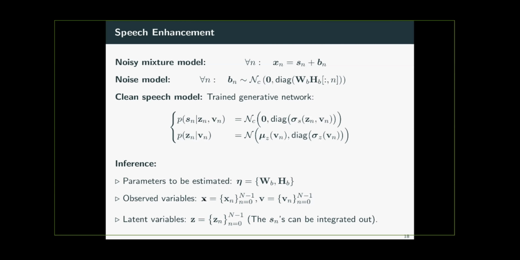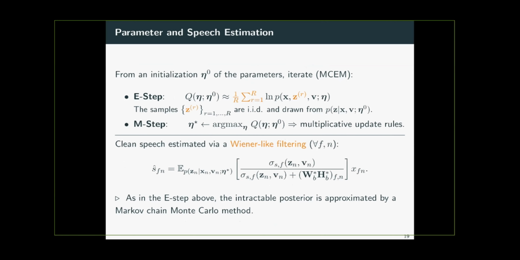The observed variables are the noisy mixture X and the video V. And then the latent variables are Z, because actually I can integrate S out during the learning of the parameters. And then I will need the formula to actually find the best estimate for S. So this is one moment in which I skip some details, but I provide some others.